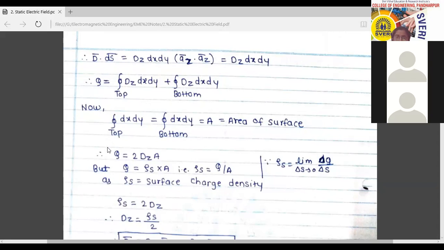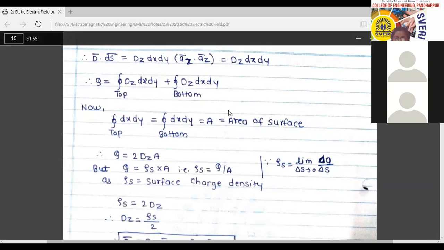So for these top and bottom surfaces, the integration of this dx and dy we consider as A.